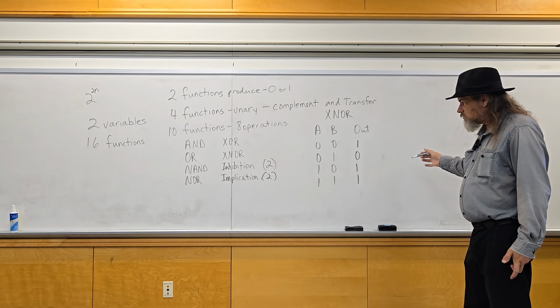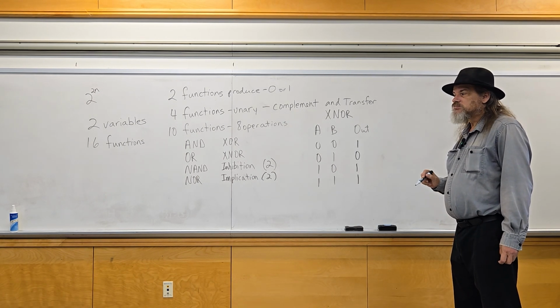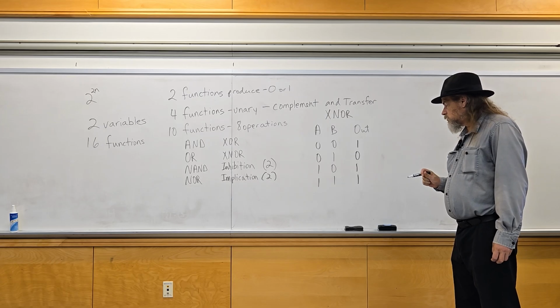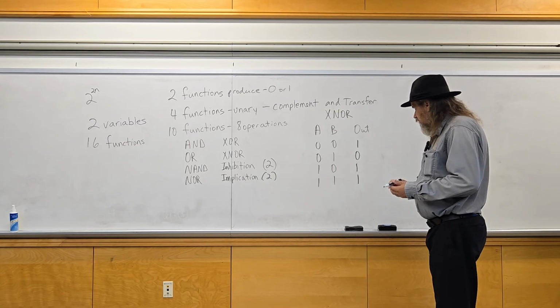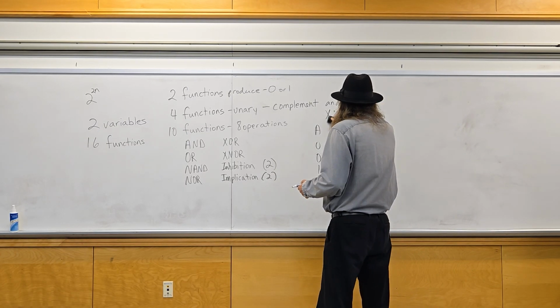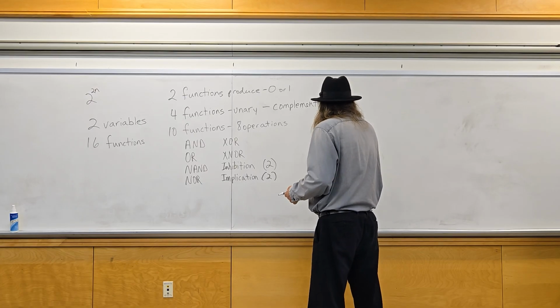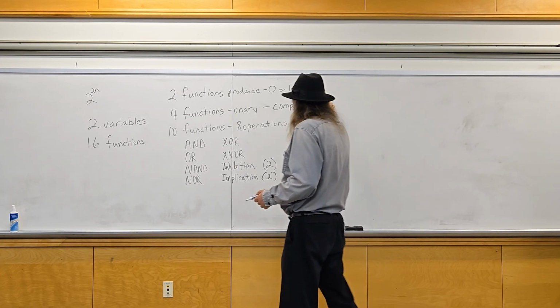So 2 to the 4th power would be 16. So in the end, you have a really large state table.